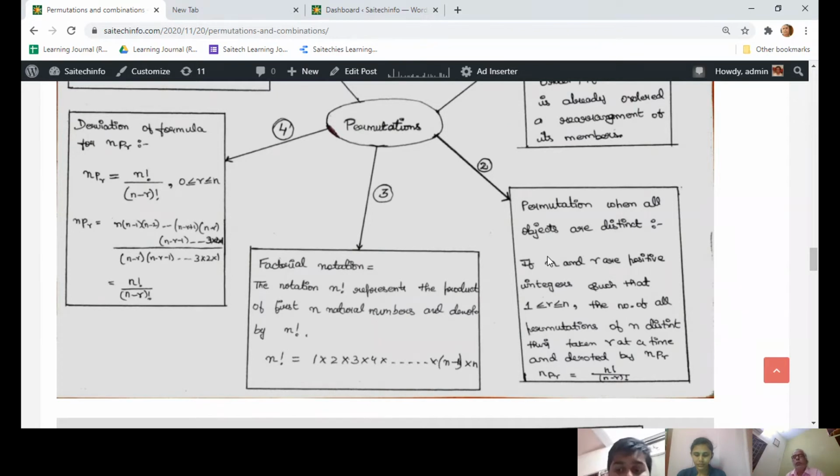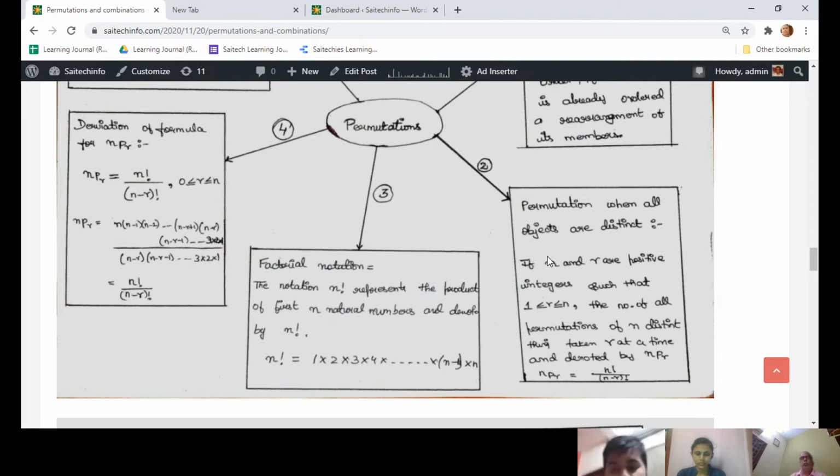If n and r are positive integers such that 1 is less than or equal to r, less than or equal to n, the number of all permutations of n distinct things taken r at a time is denoted by nPr. nPr is n factorial by n minus r factorial. Here n is the total from which we have to choose, and r is the number we choose.